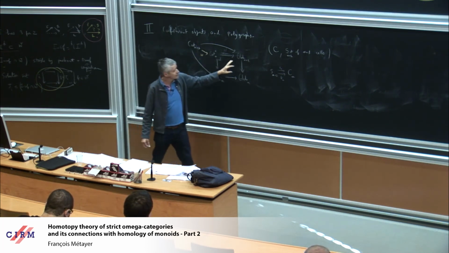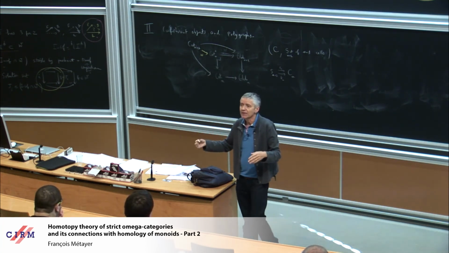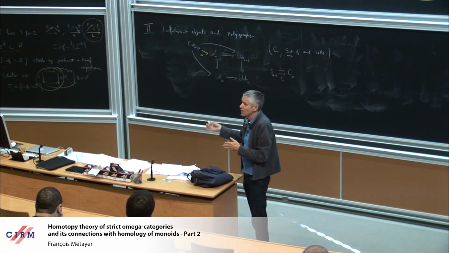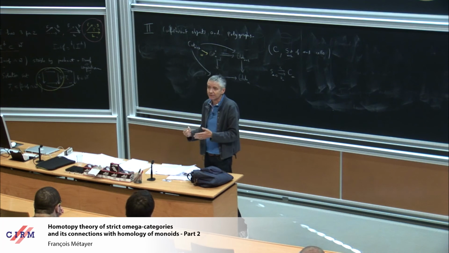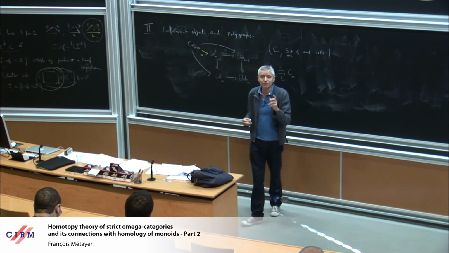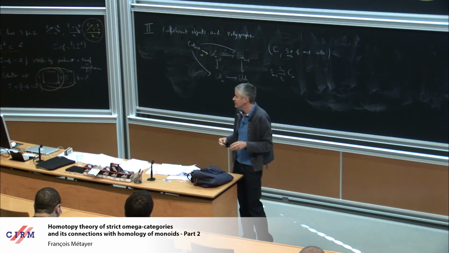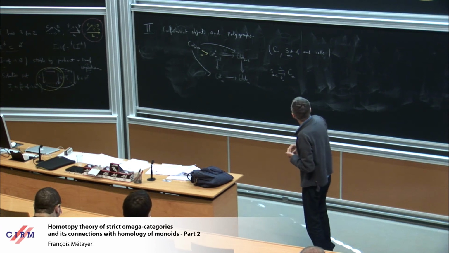What it does, it does nothing in dimension up to n, and in dimension n plus 1, it takes a cell to itself, but simply forgets the compositions and identities, so it forgets the algebraic structure on the category.